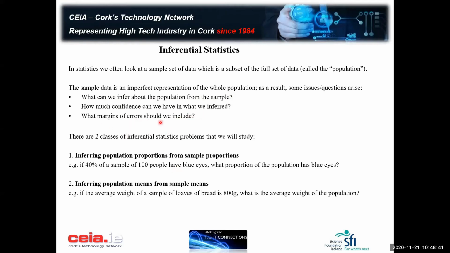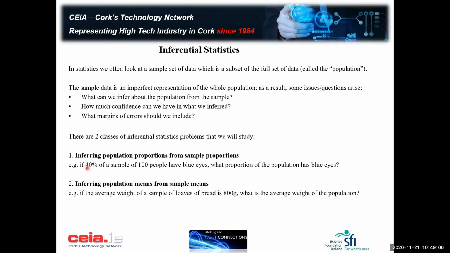Now, there are two classes of problems that we look at. One is where we try to infer population proportions from sample proportions. That's where we're looking at what proportion of the population have some characteristic. I'll give an example here.